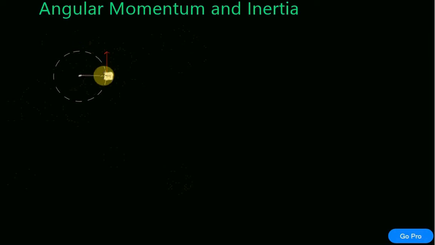We said that the velocity that an object will have is dependent on how far that object is from some axis of rotation. We denote that by r. If the object is closer, its velocity will be smaller.